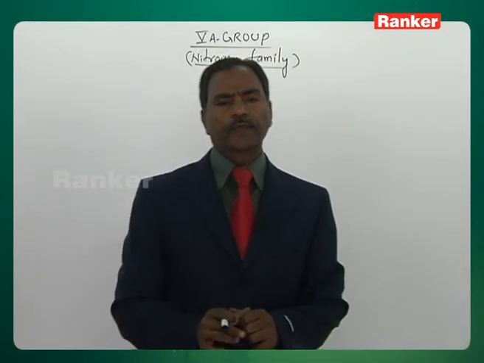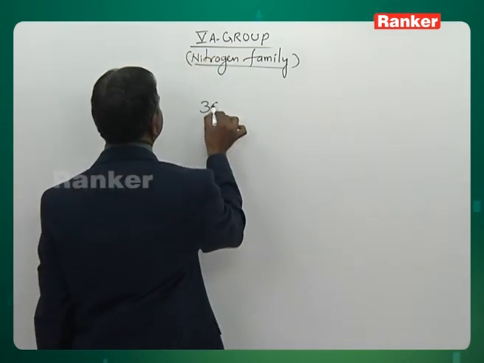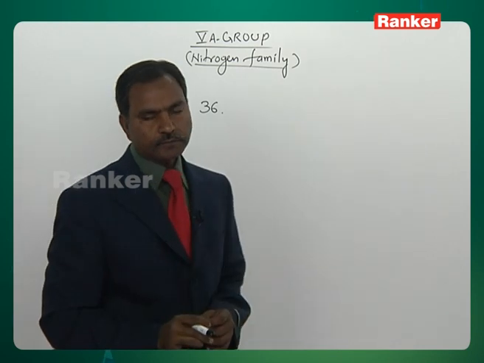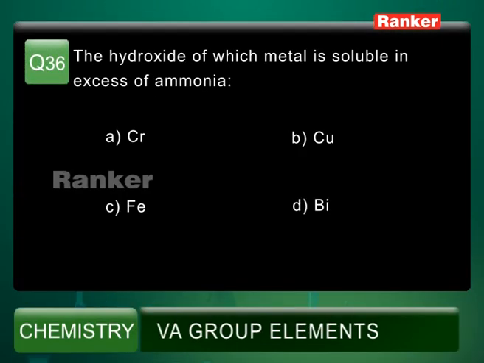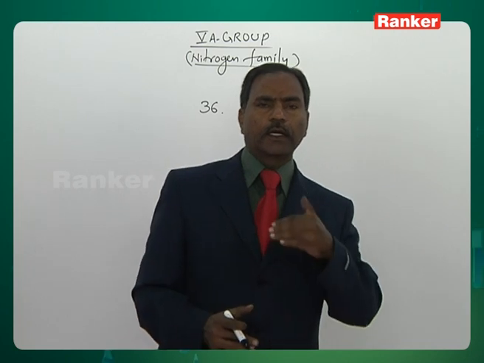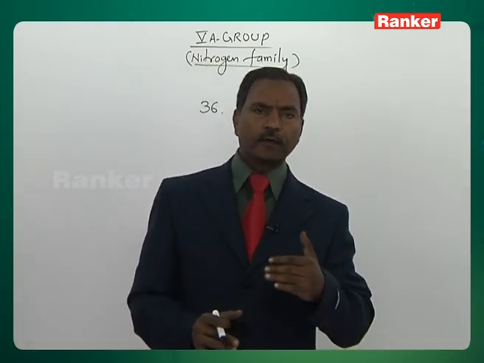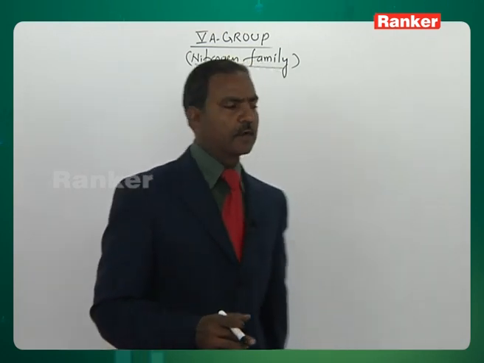Question number 36. The hydroxide of which metal is soluble in excess of ammonia? A. Chromium, B. Copper, C. Iron, D. Bismuth. Copper hydroxide is only soluble in excess of ammonia because it is forming a complex compound.